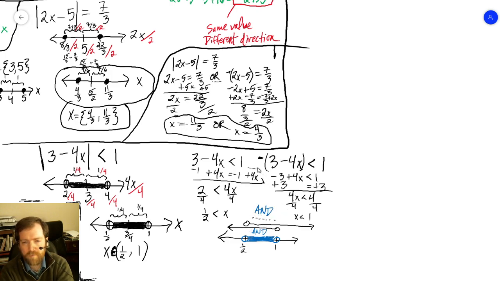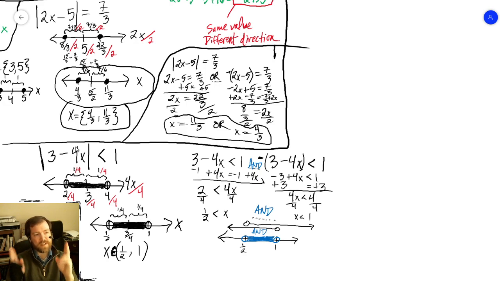Now, how do you tell ahead of time? It's actually pretty easy. If you think of absolute value in terms of distance, then you want all values where the distance is going to be less than a certain value.